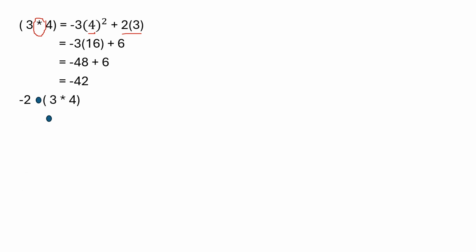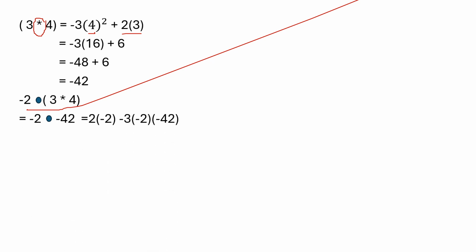So we need to operate negative 2 on the answer we get for 3 operated on 4, right? So you know that the relationship given for this operation is 2a minus 3 into bracket ab, right?